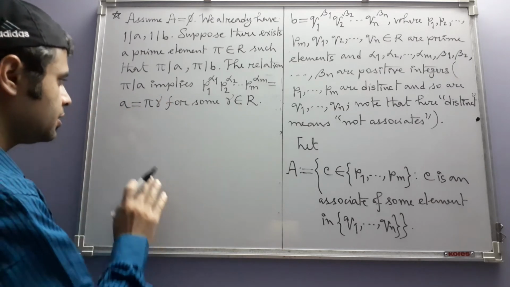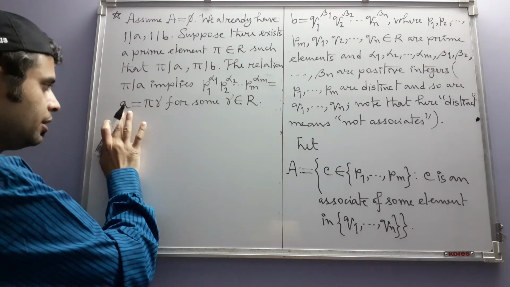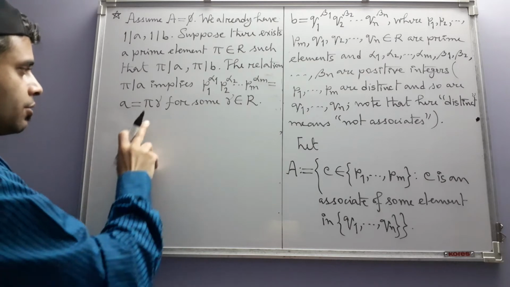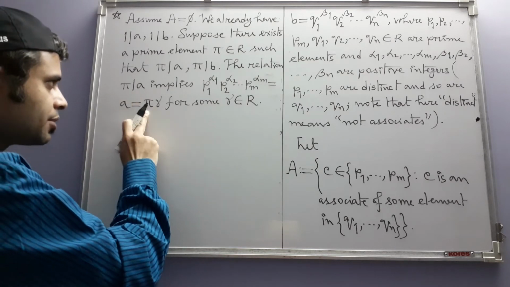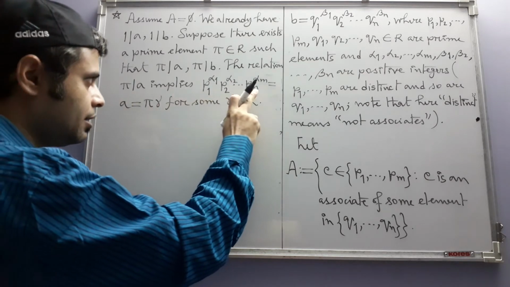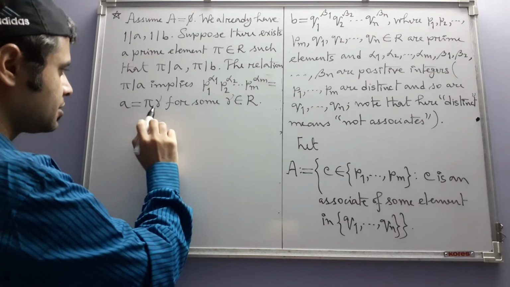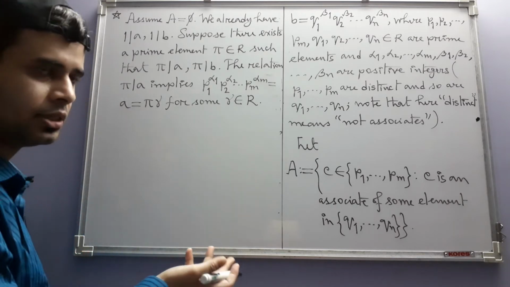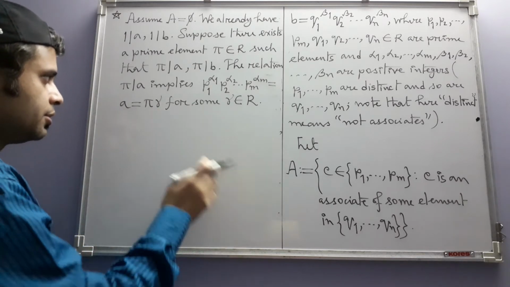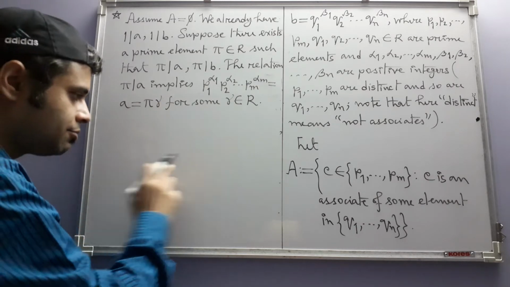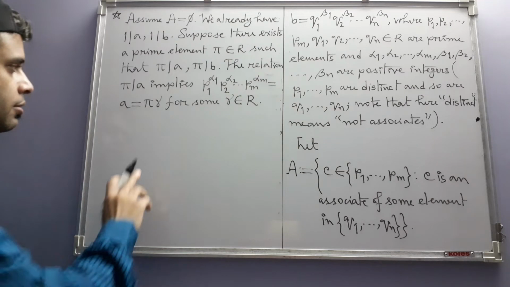Now from the uniqueness of prime factorization of a up to associates, it will then follow that pi must be an associate of at least one of these primes. And if gamma is not a unit, that is gamma is a non-zero non-unit, then gamma itself will have a prime factorization.